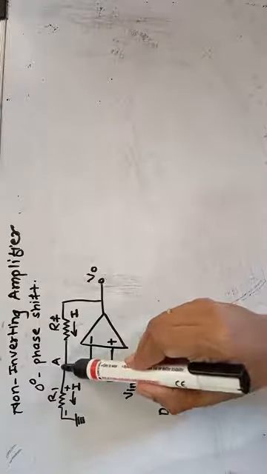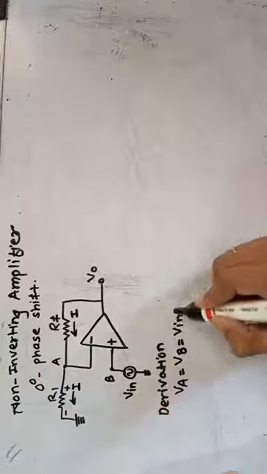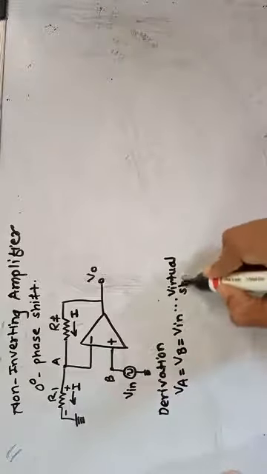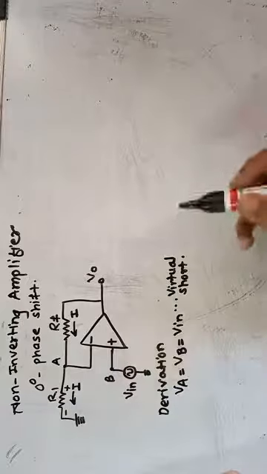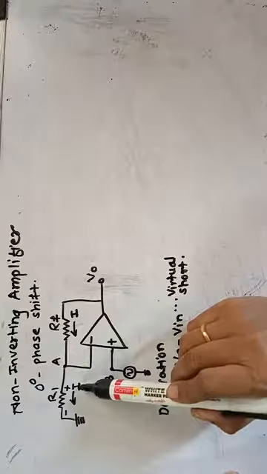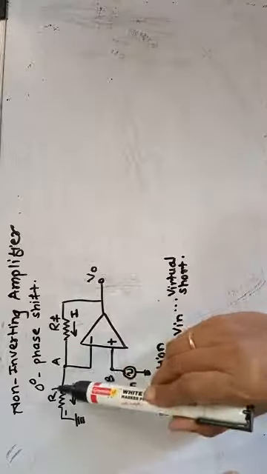So we can write VA is equal to VB is equal to V in due to the virtual short concept. Now we can find two equations for I, one for the output side and one for the input side.